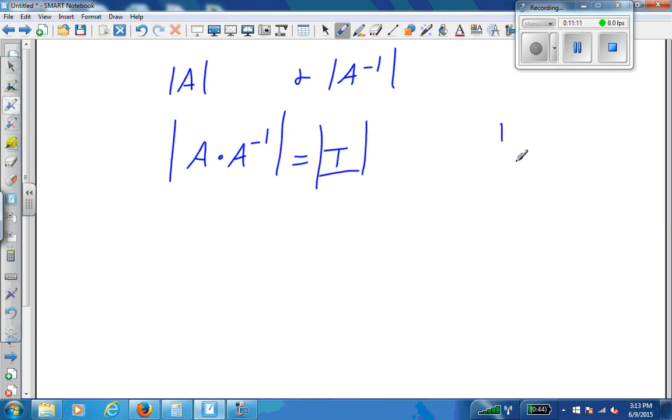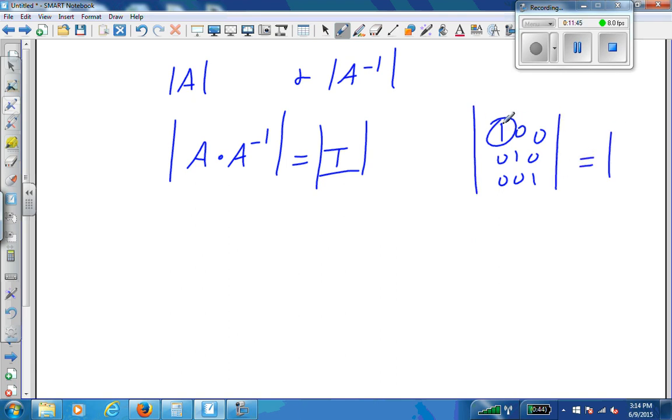Well, no matter what size I is, this is both upper and lower triangular. If we expand down this row or this column, or across this row or this column, we're going to get a value of 1 for that determinant.